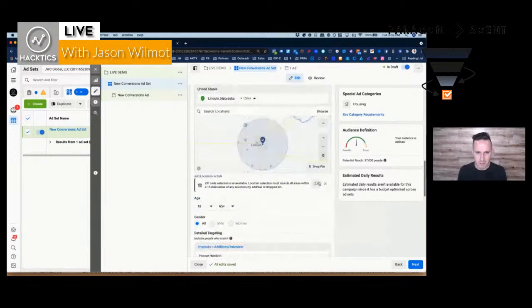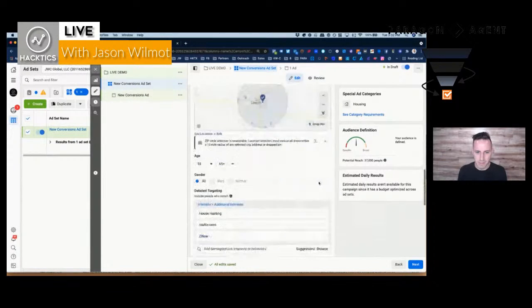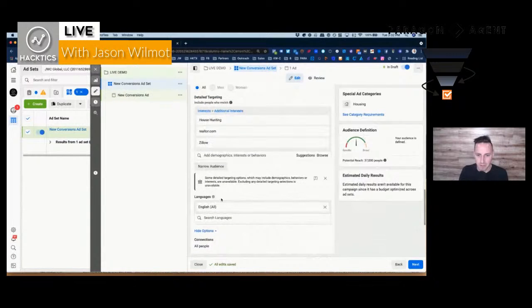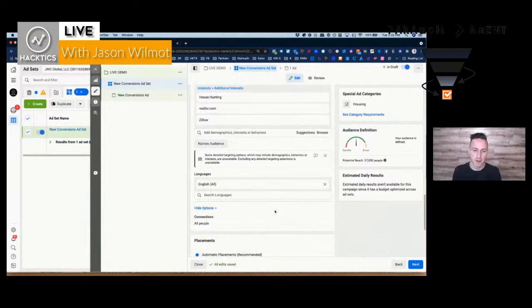Now, one of the things that I was looking for, I'm not seeing it at the moment, but sometimes there is this little thing that says expand my audience targeting. We definitely don't want to do that. You can expand your audience, but you need to be careful when expanding your audience. I'm not against it.